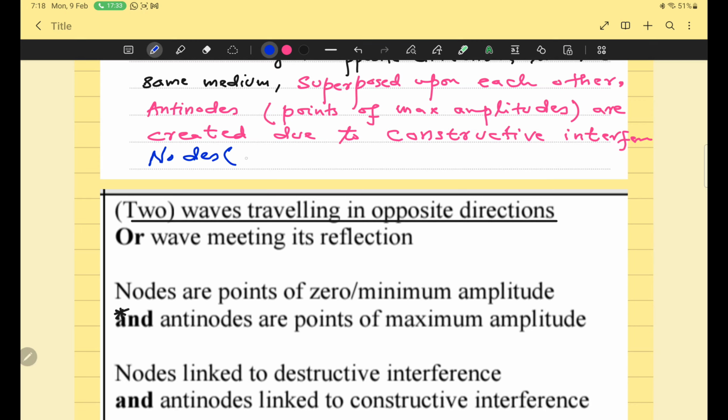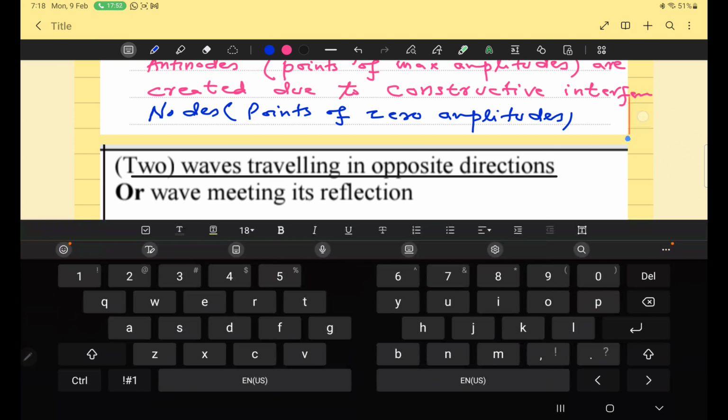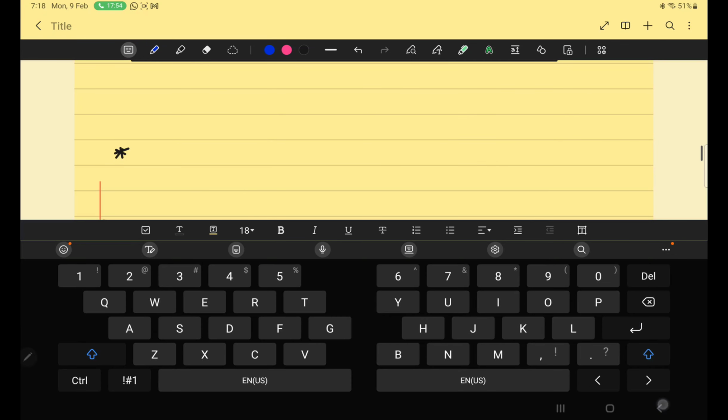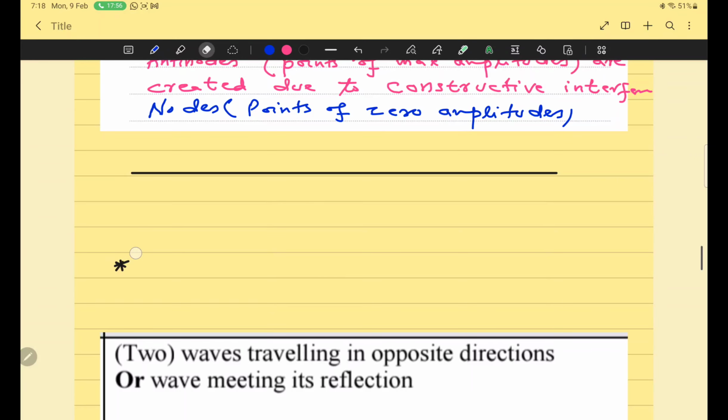Nodes. Sir, what is a node? I am writing the definition of a node as well. Points of zero amplitude or minimum amplitude. Points of zero amplitude. And these are created due to destructive interference.